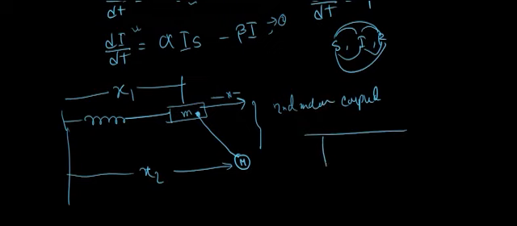A very famous example, if you are familiar with classical mechanics, is the coupled pendulum. These two pendulums are coupled by some spring of spring constant k, and for the solution of these two pendulums as a function of time, let's call one of the coordinates theta 1 and the other theta 2.